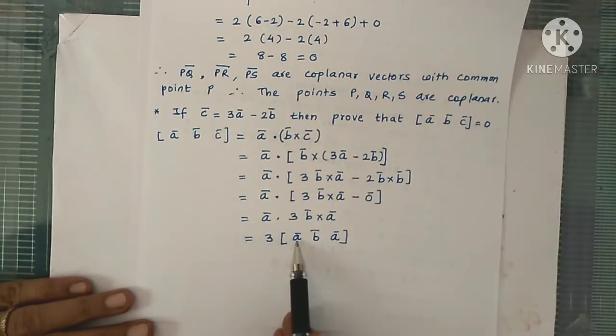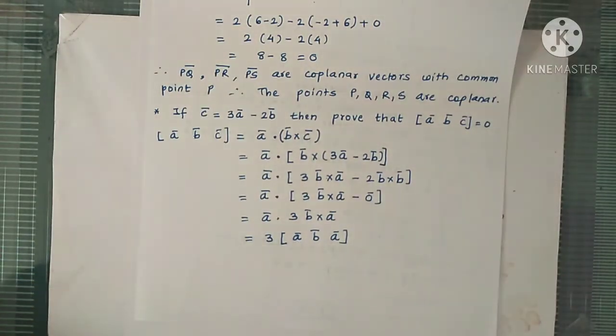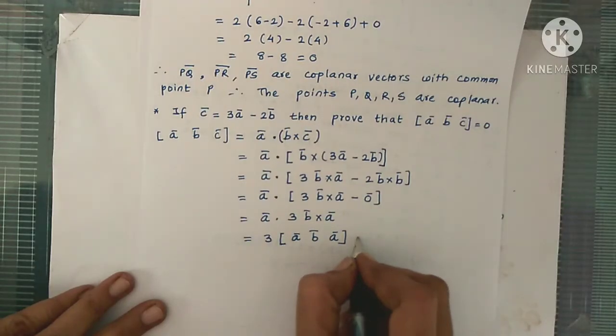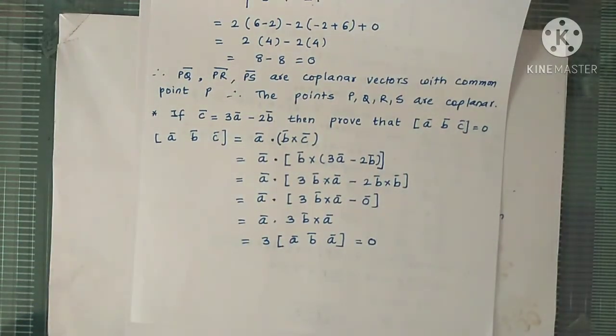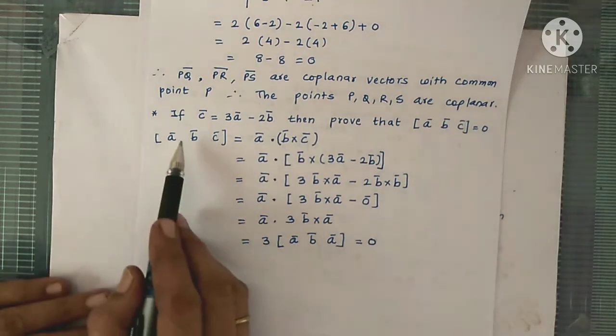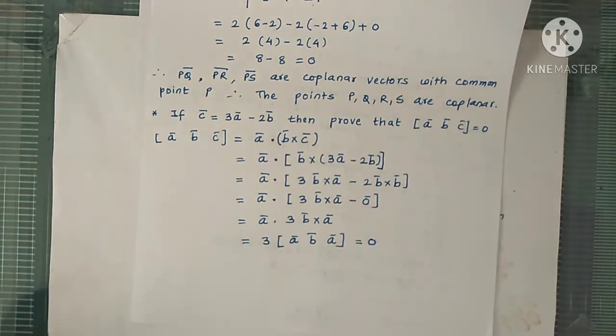First we write the coefficients of i, j, k from a bar, the second row from b bar, and the third row again from a bar. If two rows are identical in a determinant, then the value of the determinant is 0. So this is 0. Therefore, scalar triple product a bar b bar c bar is 0.